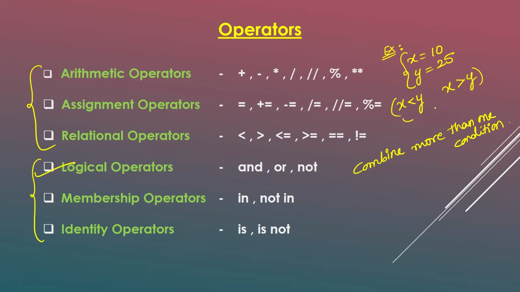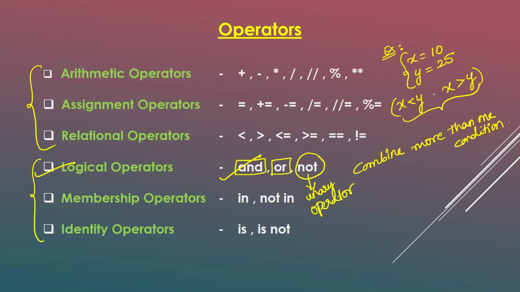If I want to make it a single condition, then I make use of a logical operator, either the AND operator or the OR operator. We cannot use the NOT operator for combining, because it is a unary operator. So let us discuss the first logical operator, the AND operator.